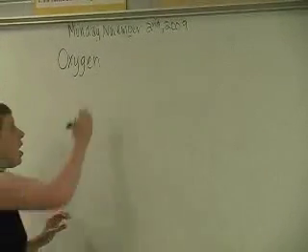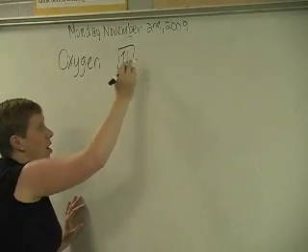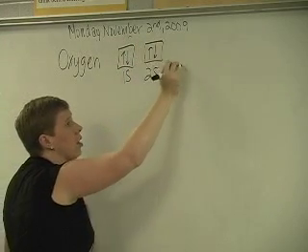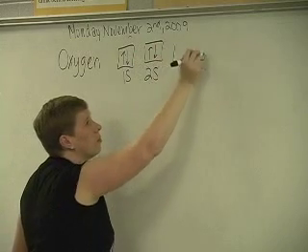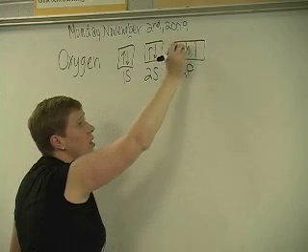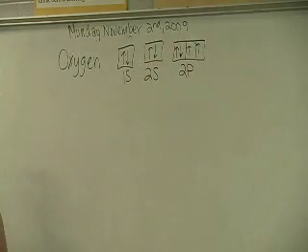If you remember, we do the orbital diagram by drawing our boxes and our arrows. Oxygen of course has a total of how many electrons? 8 electrons, we get that from its atomic number. And so there is a picture of its orbital diagram.